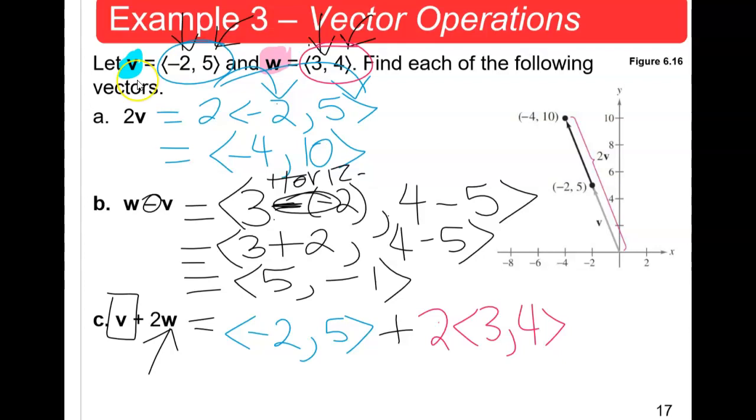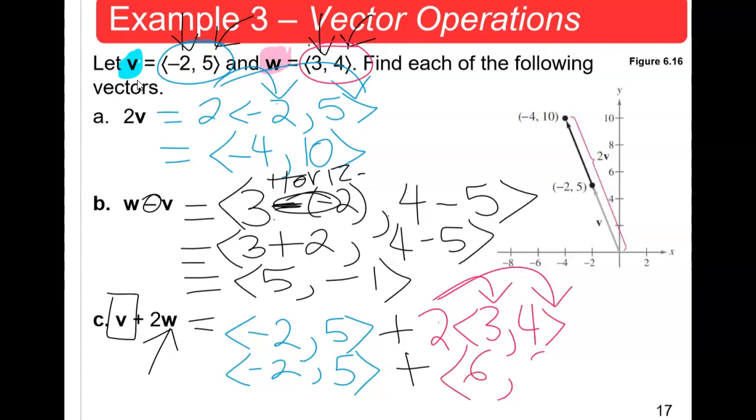So here we will have -2, 5 plus, now I'm going to go ahead and distribute the scalar. Remember, that's scalar multiplication, so this will be 6, 8. And now from here, what I can do is combine the horizontal and the vertical components.